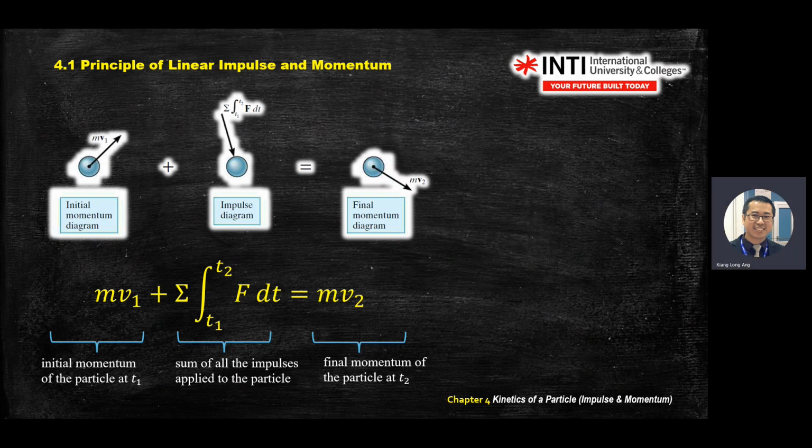There is an impulse, Ft, so you group all the forces acting on the object, multiplied by the time, and it's called the impulse diagram. Combining these two gives you the final momentum diagram. Sometimes this is another diagram that you need to learn beside the free body diagram. In chapter 4, this will help you to solve normally the middle part, the impulse component.